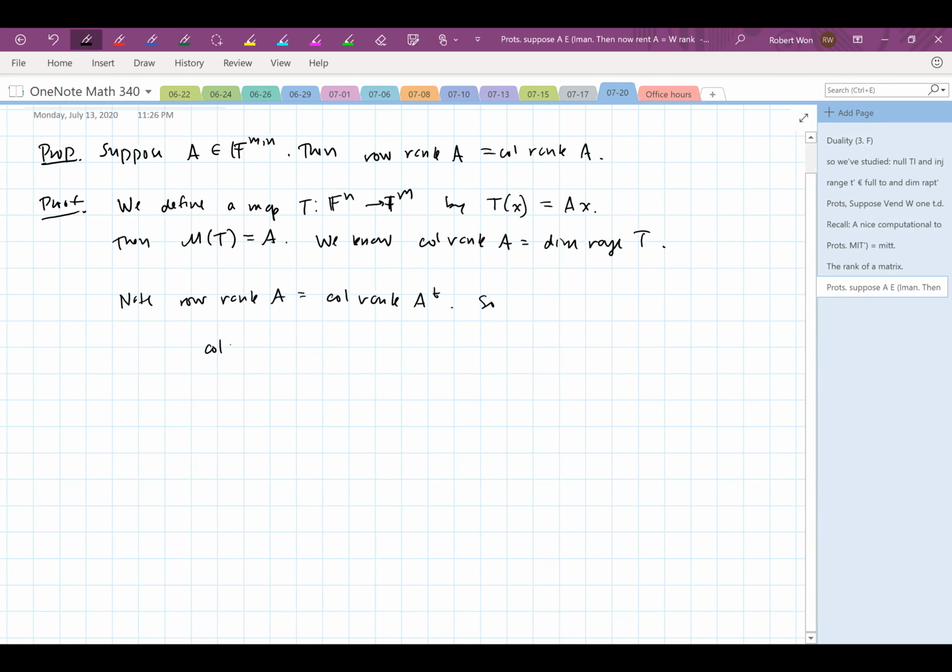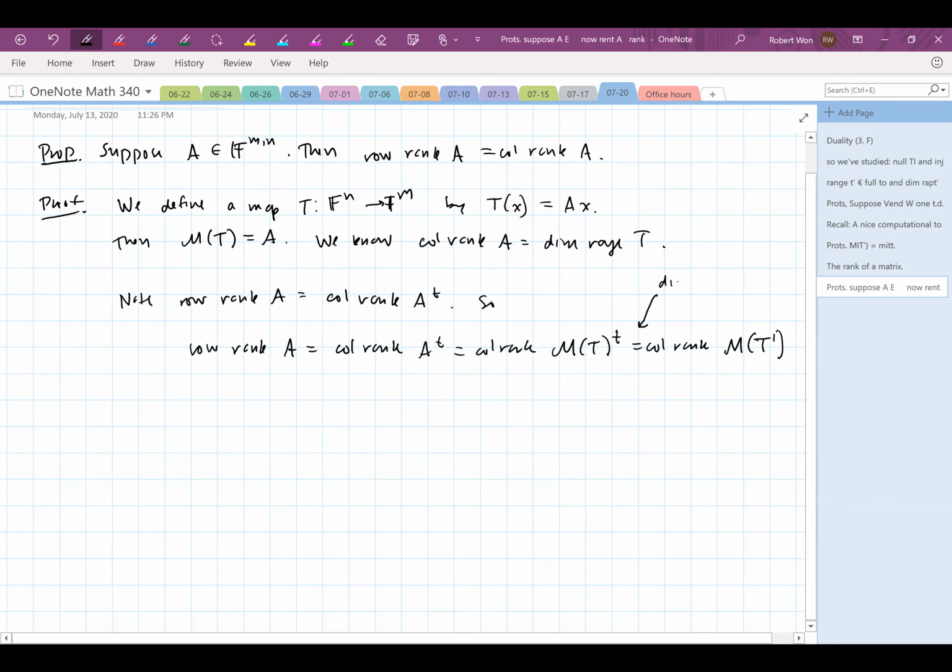So the row rank of A equals the column rank of A transpose, which is the column rank of M of T transpose, which is the column rank of T, the matrix of T dual. Okay, but right, so here's where I'm using this fancy duality fact.